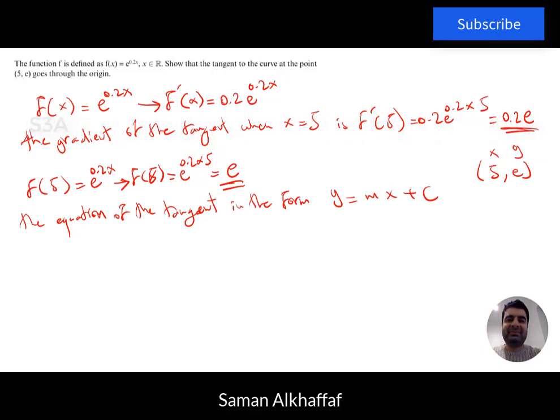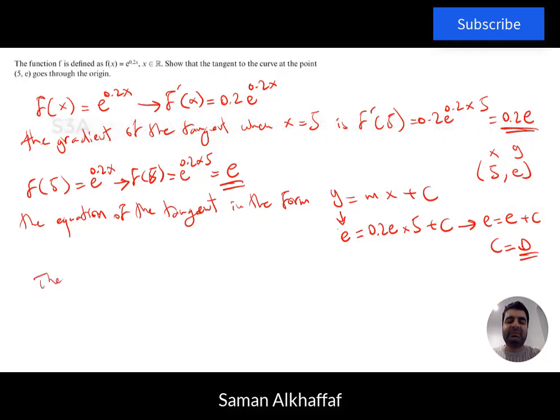So y is e, and the gradient is 0.2 e multiplied by the x, which is 5, plus c. Now we can solve for c: e equal e plus c, which gives c being equivalent to 0.